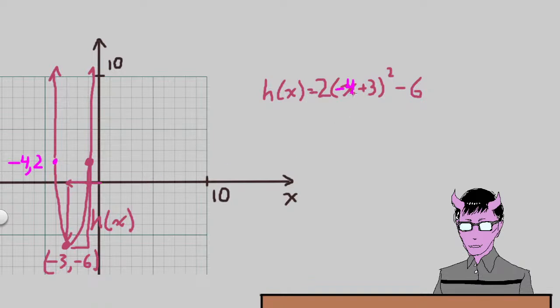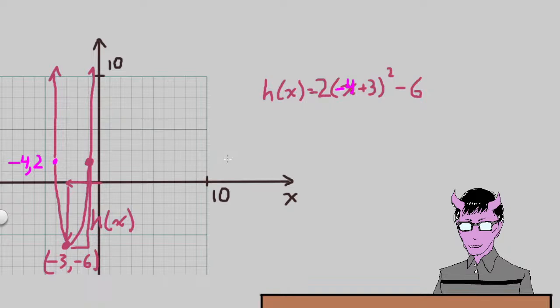If you plug in negative 4, negative 1 squared is positive 1. 1 times 2. Interesting. Something erroneous has occurred.